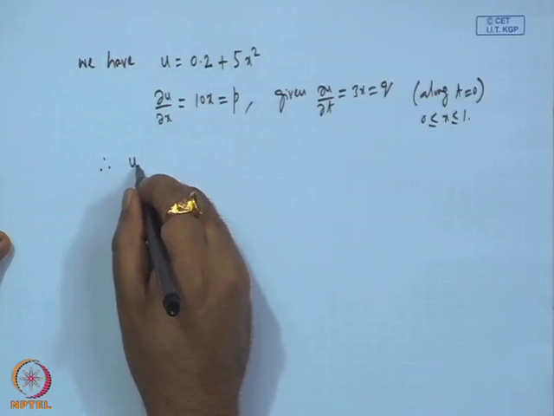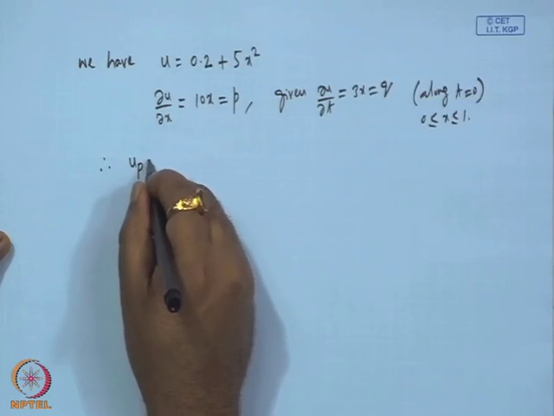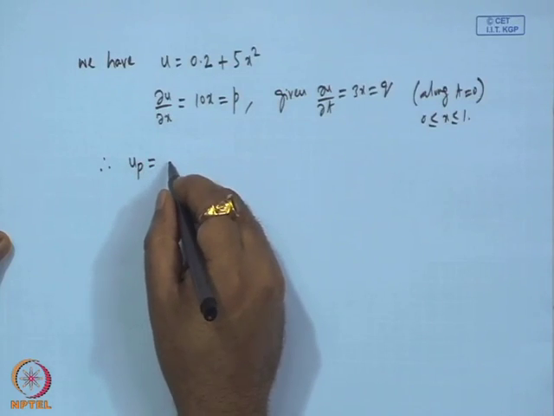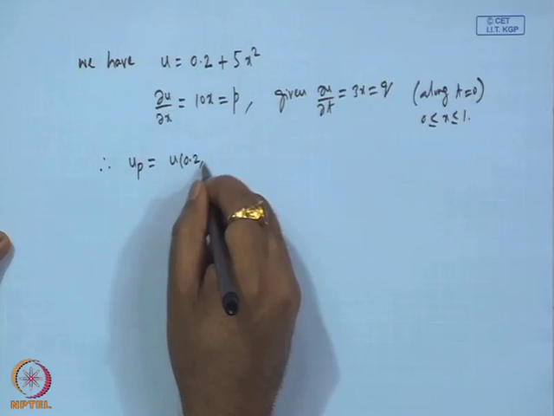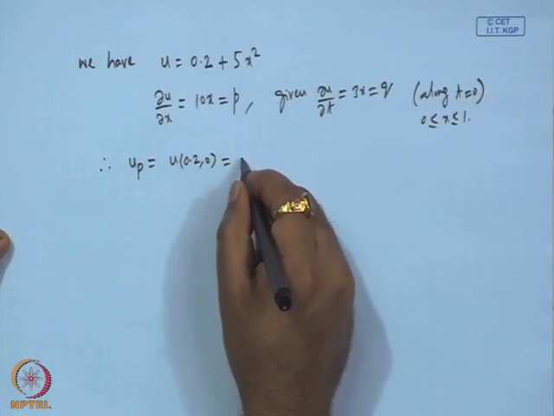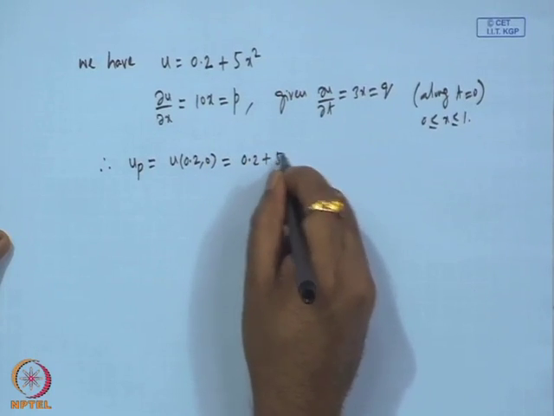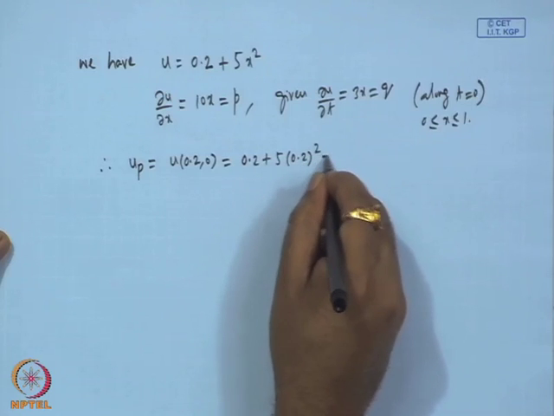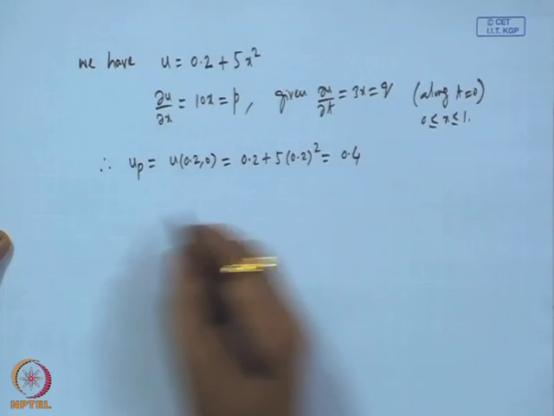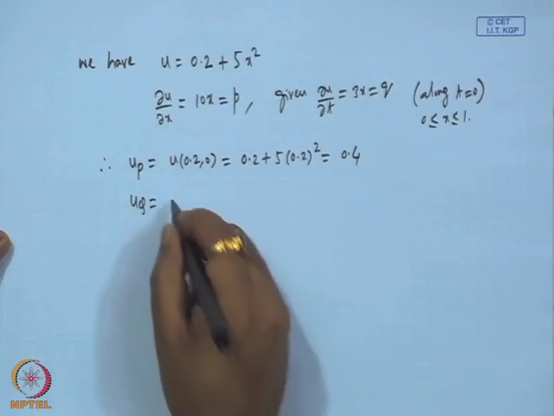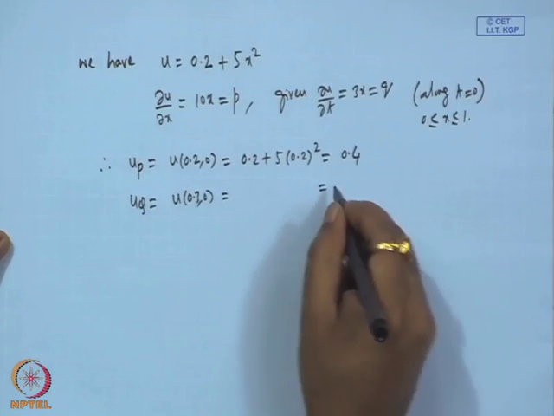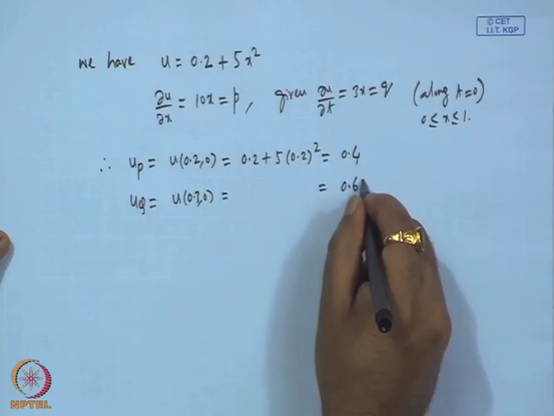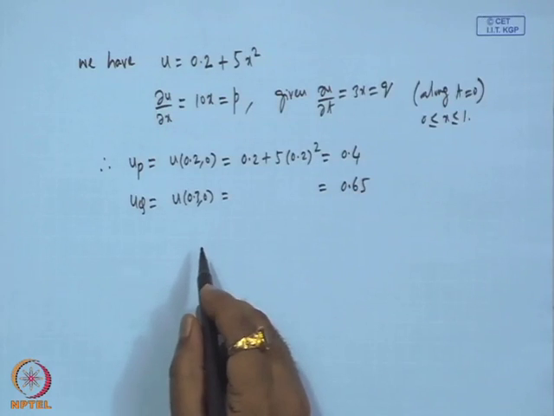let us compute u p. U p is u at 0.2. Then u q. Okay.